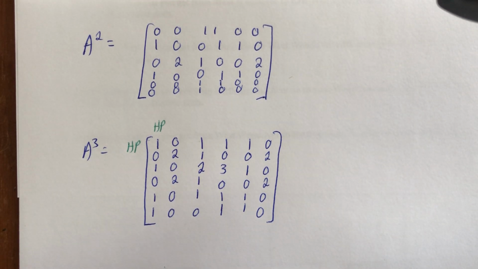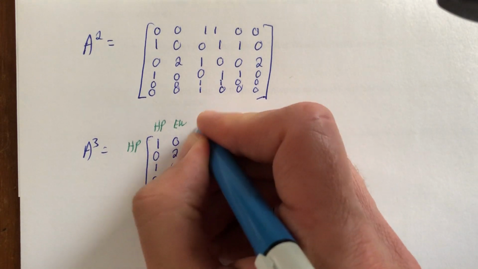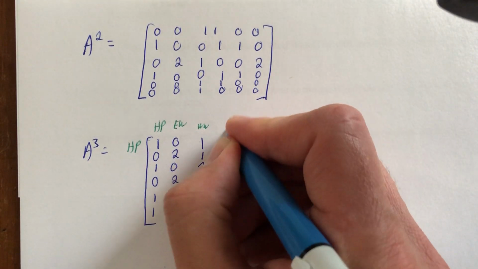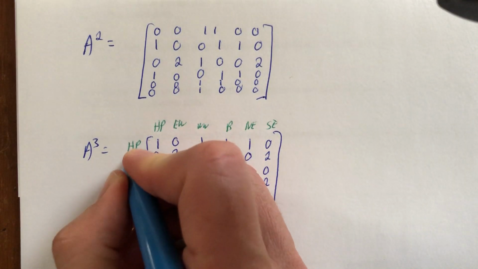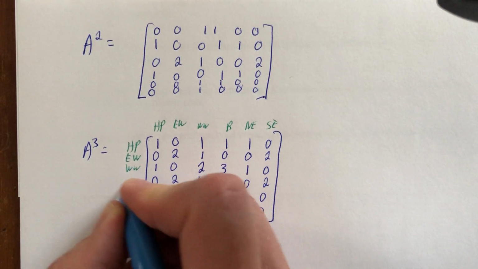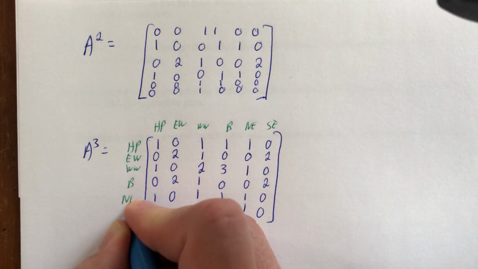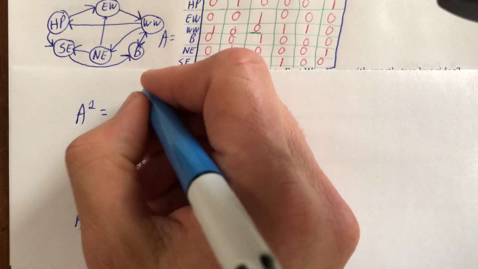Notice the numbers I'm pointing at. So this is EW, WW, Battleground, North Elm, South Elm, and we have the same thing up here.